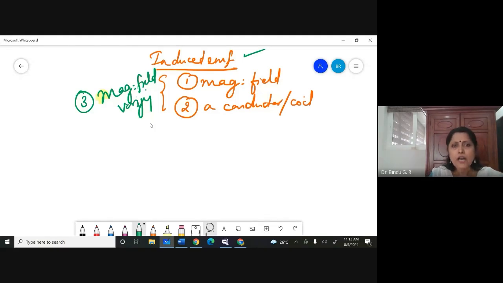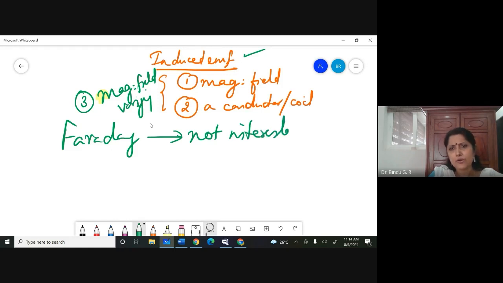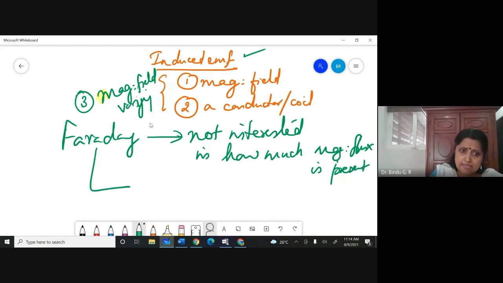Our Faraday is not interested, this is very important, in how much magnetic flux is present. What is he interested in?